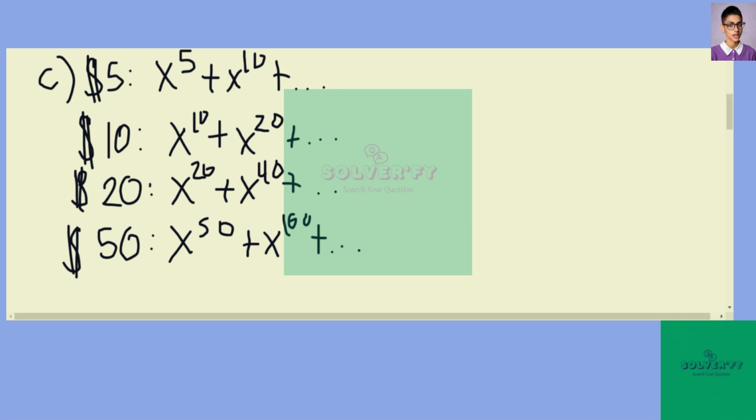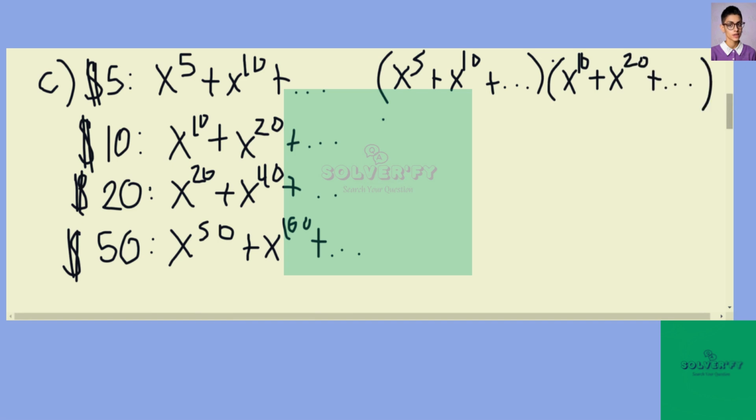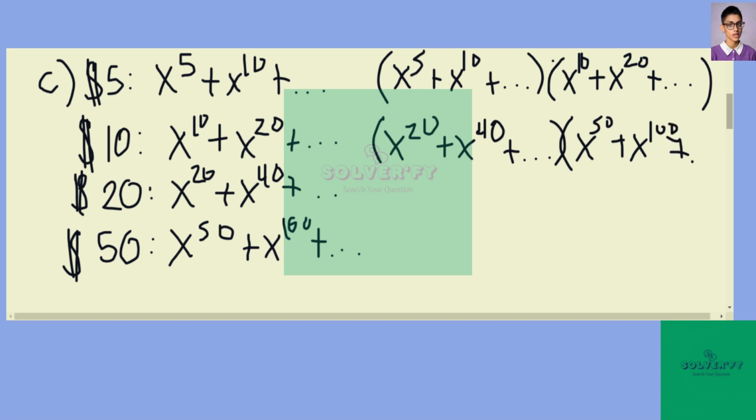And the total generating function is the product of all four of these generating functions. So this is the function x to the 5th plus x to the 10th plus, and so on, times x to the 10th plus x to the 20th, and so on, times x to the 20th plus x to the 40th, and so on, times x to the 50th plus x to the 100th, and so on.